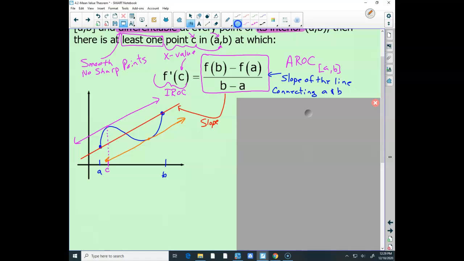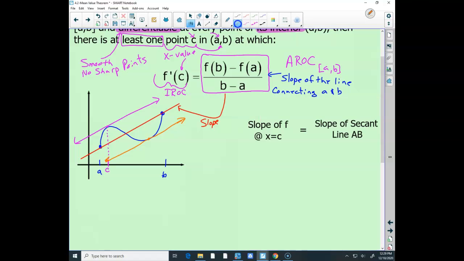And bottom line, it's the slope of f at c, meaning it's the IROC at x equals c. That equals the AROC from a to b. I like to kind of think of this as grandma's theorem, or holiday theorem. Let's think about this.